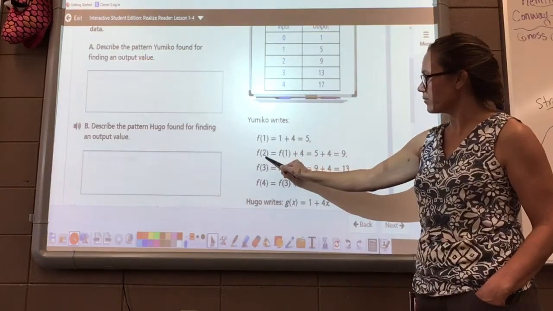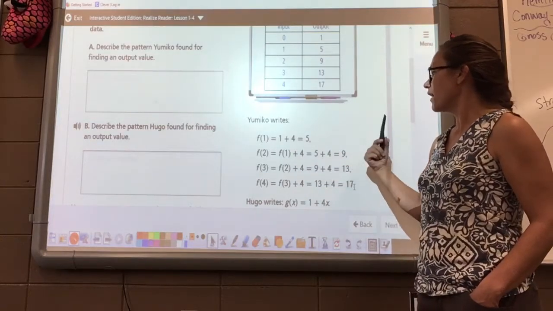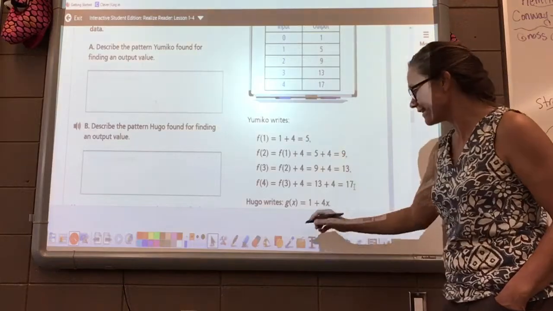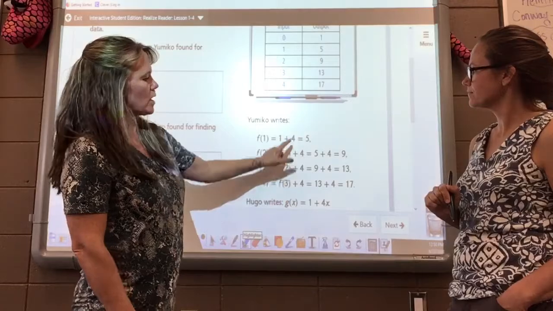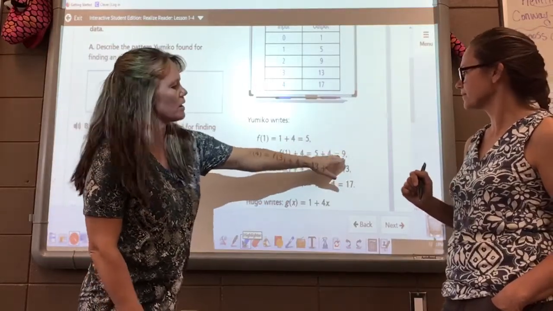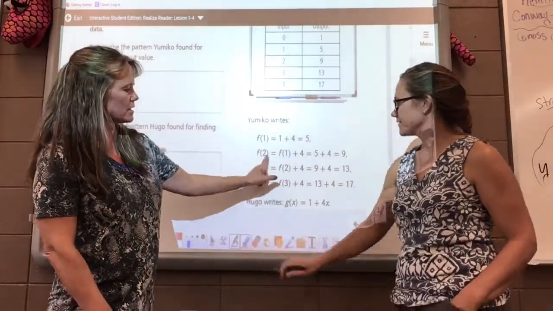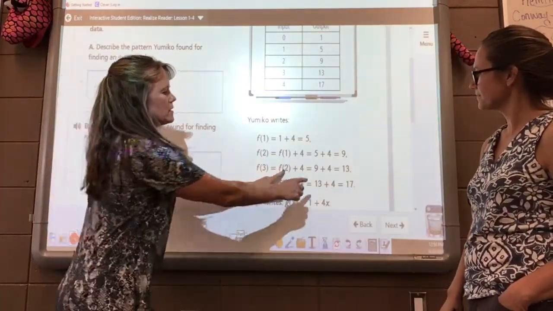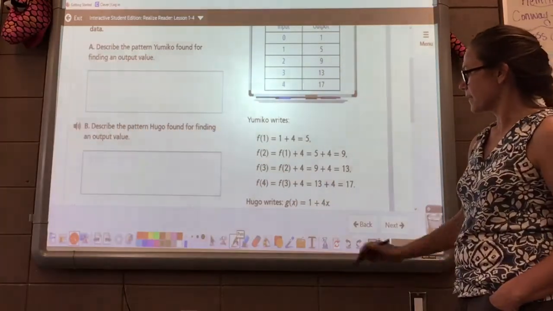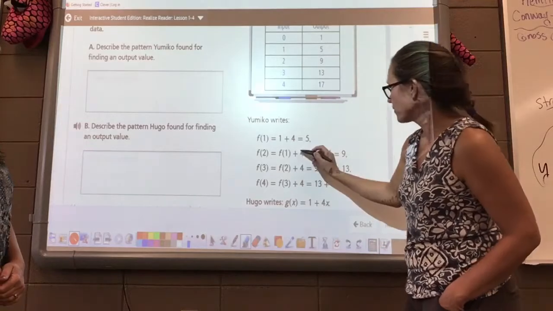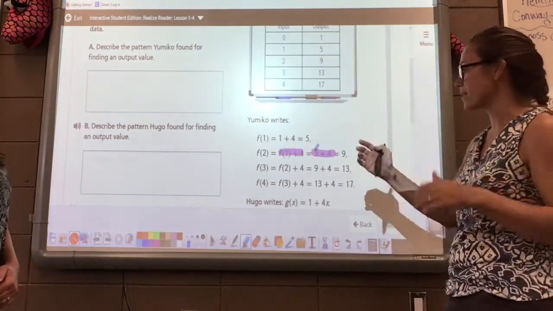For the second term, she took the first term, f of 1, plus 4 again and got 9. Then you're taking that previous answer, f of 2, and 9 plugs in, plus 4 equals 13. So really, this quantity right here is equivalent to this quantity right there. This is an equivalent statement as we move.